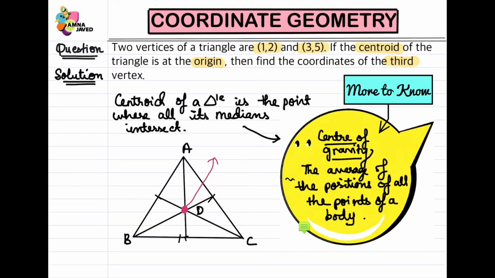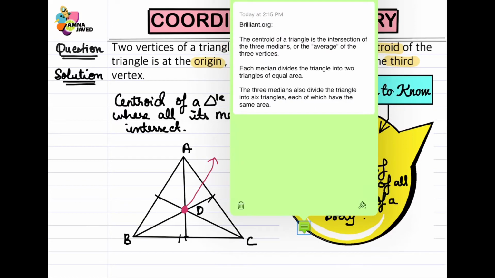And there's a small message from brilliant.org, which says that the centroid of a triangle is the intersection of the three medians or the average of the three vertices, and each median divides the triangle into two triangles of equal area, and the three medians also divide the triangle into six triangles, each of which have the same area.